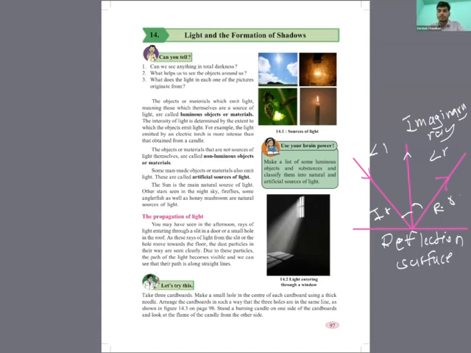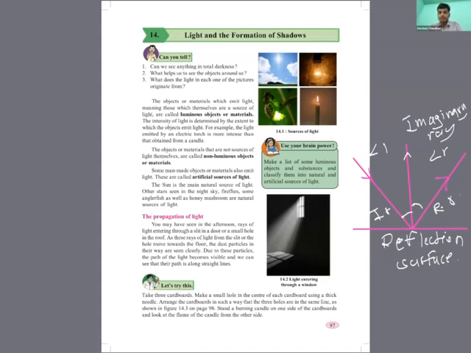Just understand how the light falls on the reflecting surface and gets reflected.